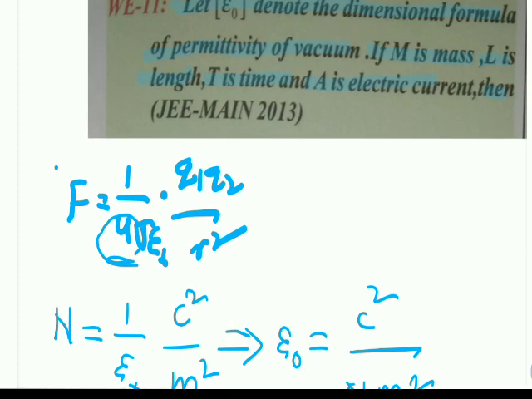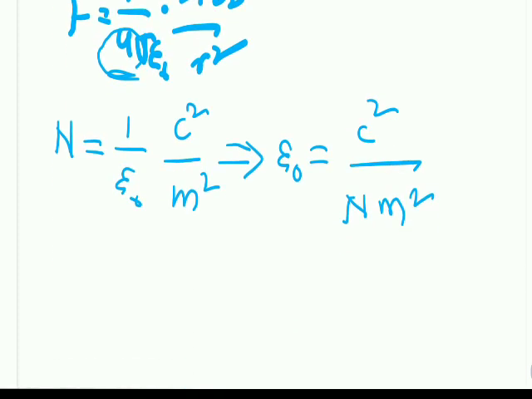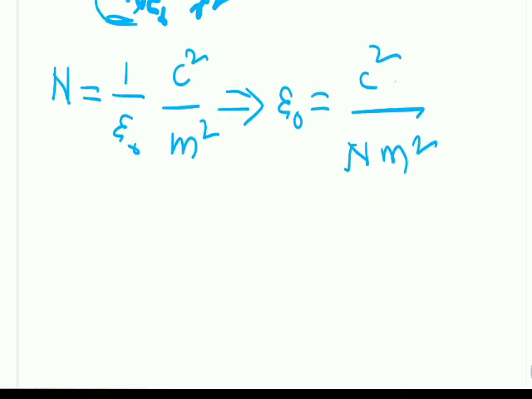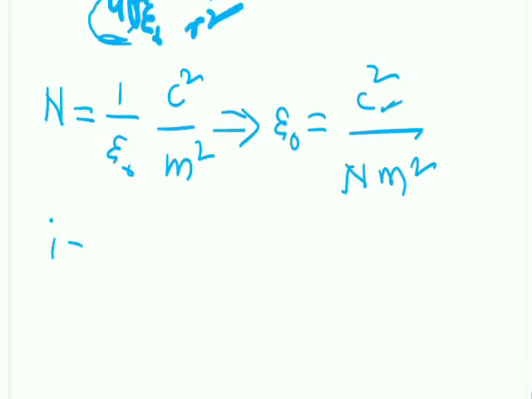He is asking in terms of mass, length, time and electric current. So this is coulombs, convert into current. Flow of charge is equal to current.